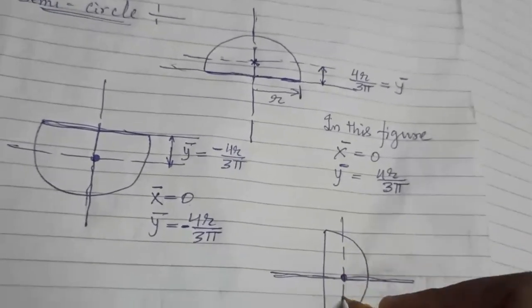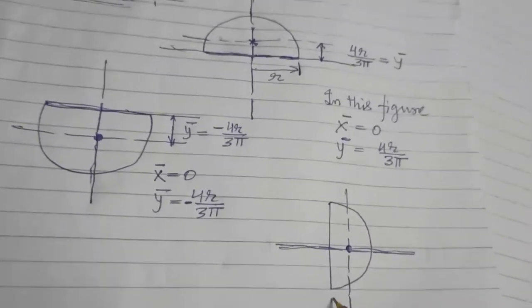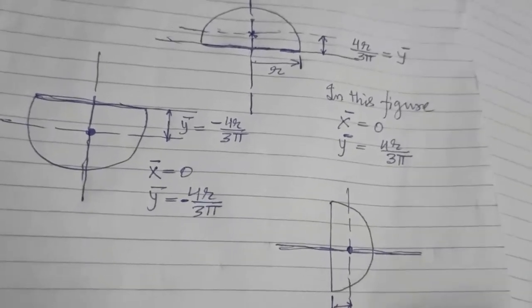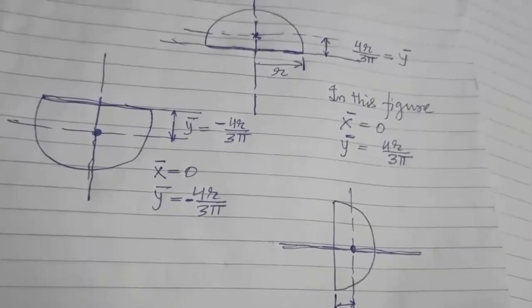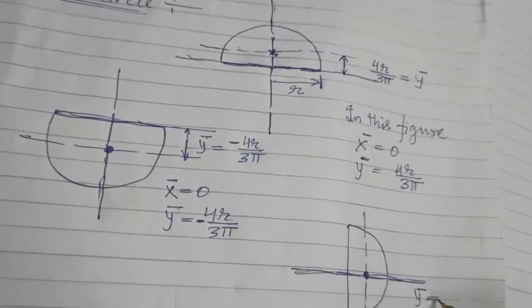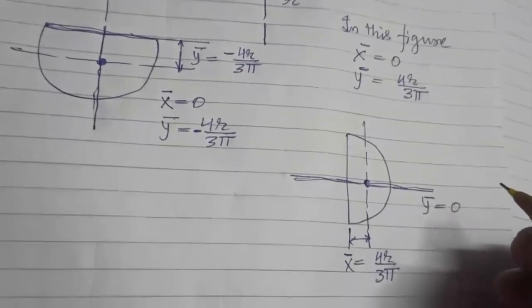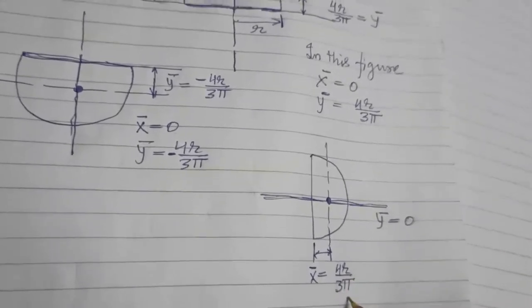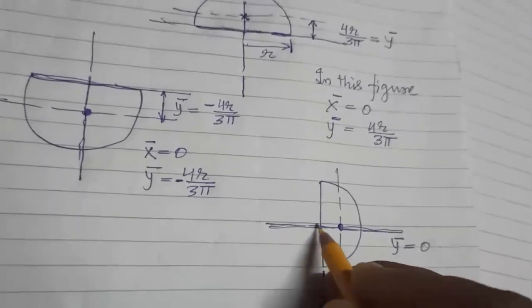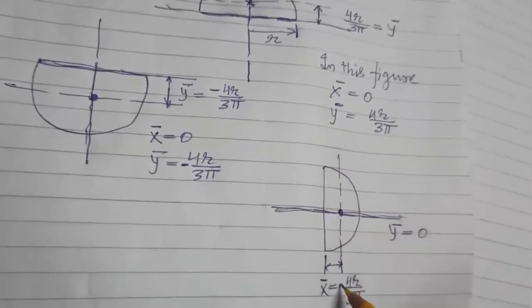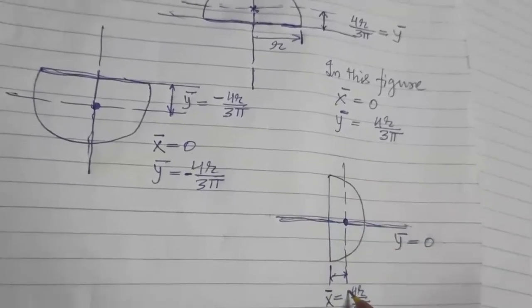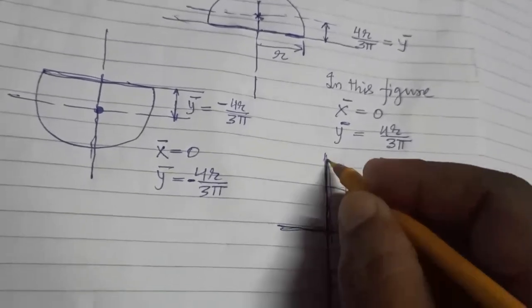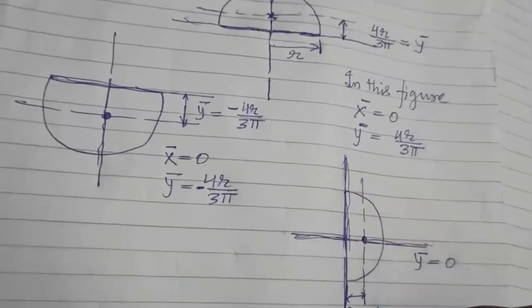So in this case, x bar is 4r by 3 pi and y bar is 0, because this is the line of symmetry and this is the other line which is passing through the centroid, and this is the reference line taken along the y-axis.